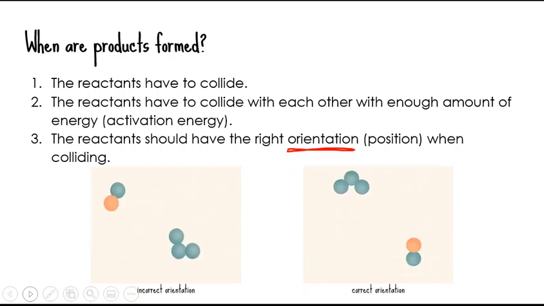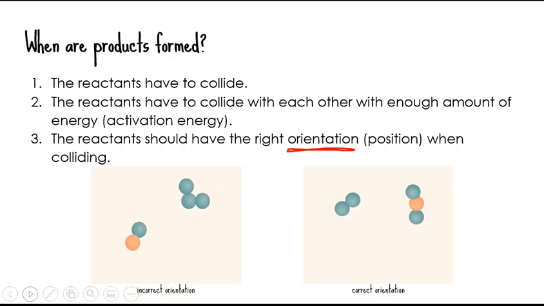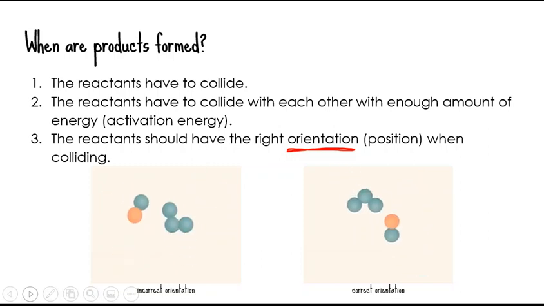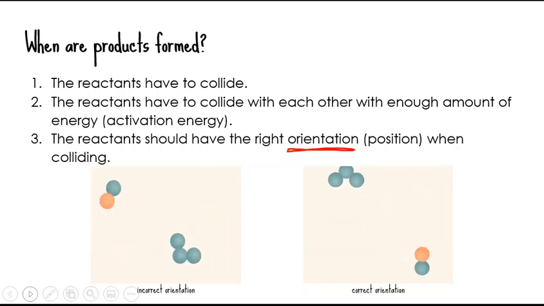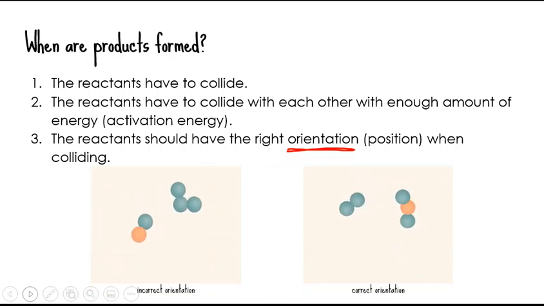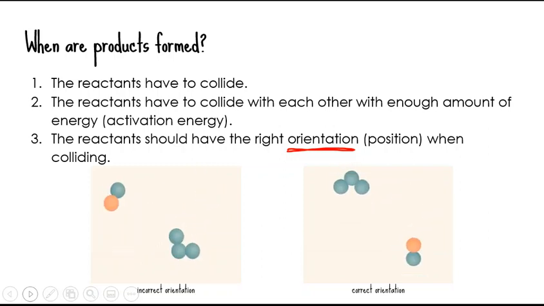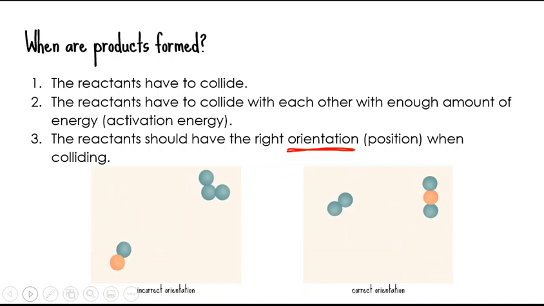The one on the right, though, as you see, if the molecule with the three blue circles hits the side with the orange, it breaks the bond between the blue circle, and it creates a new bond between the blue and the orange one. So orientation matters. If you don't hit the correct side, it's just going to bounce right off. It's like an elastic collision. So they have to collide with enough energy, that's the activation energy, and has to collide in the correct direction, the correct orientation.